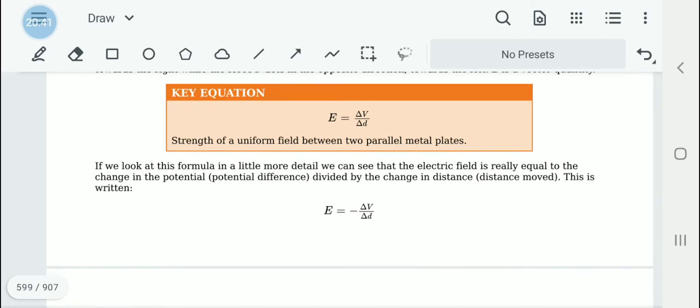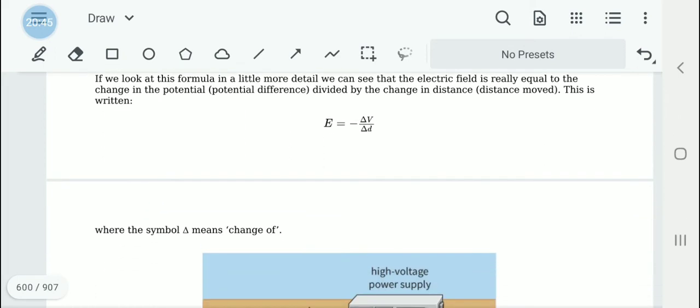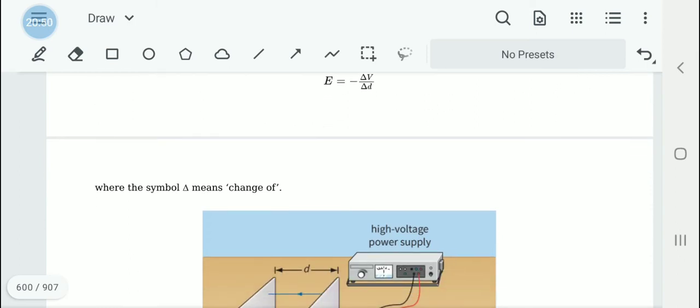Leave a line and write. This gives us the equation E equals negative delta V upon delta D. Negative delta V upon delta D. Put a star and write down.